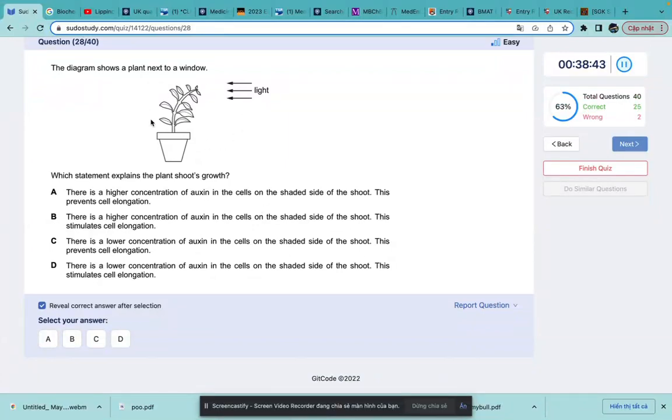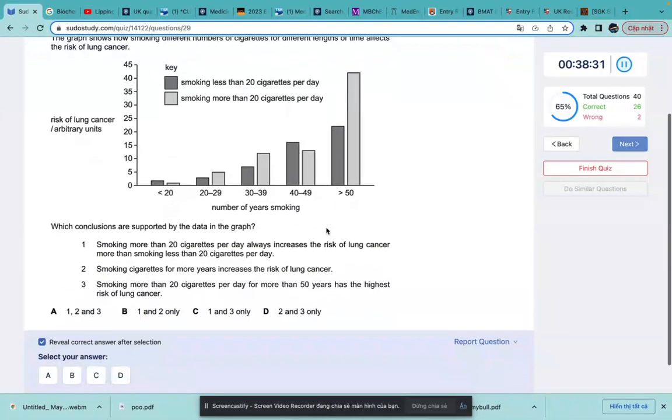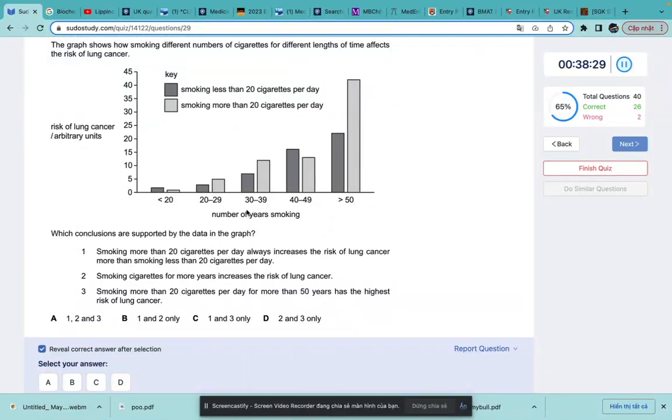So cell elongation is with something called auxin. The high concentration on the shaded side of the root, which is here, stimulates cell elongation with auxin. Let's see. Smoking more than 10 cigarettes a day always increases more years, yes, so you could get C out.